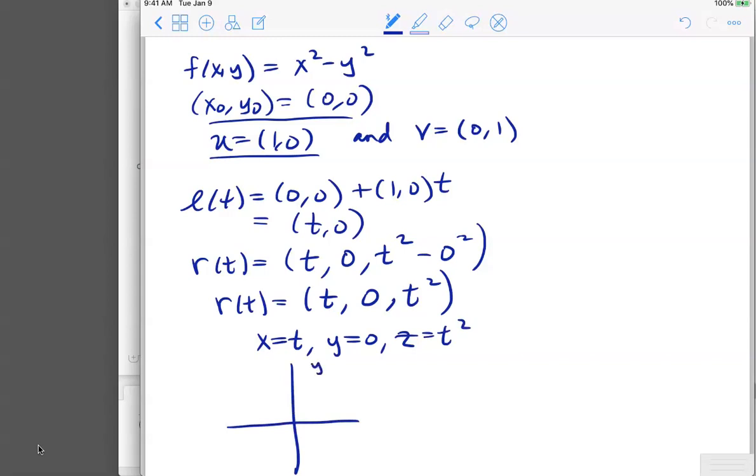So in the y is equal to 0 plane, we have x being equal to t, z being equal to t squared, which implies that z is equal to x squared. So what we have here in the xz plane is a parabola that is opening upward because of that positive sign here.